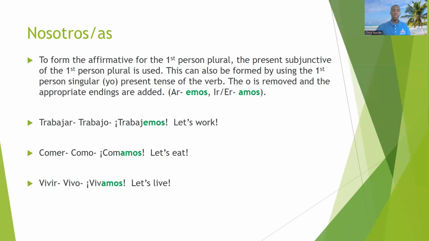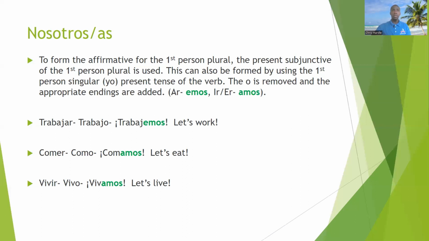Comer, como, remove the O, and we add amos since this is an ER verb, and we have comamos, let's eat. Vivir, we have vivo, remove the O, and since it is an IR verb, we add amos, vivamos, let's live.